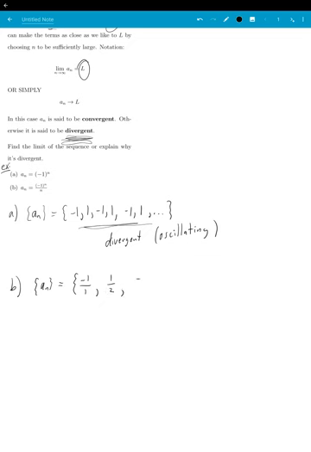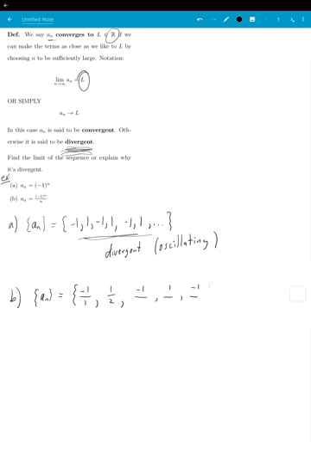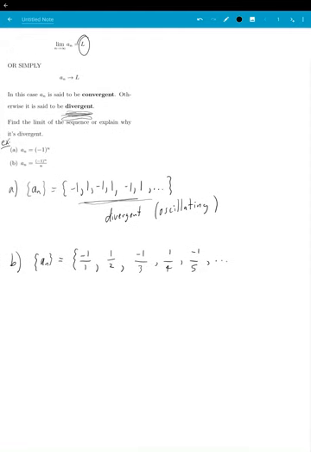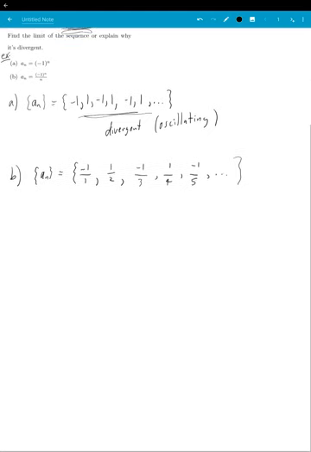You get plus or minus 1 on top, right? But then you have these denominators that are getting larger. So what's happening here? Well, it appears to be approaching 0. That's my first idea here.